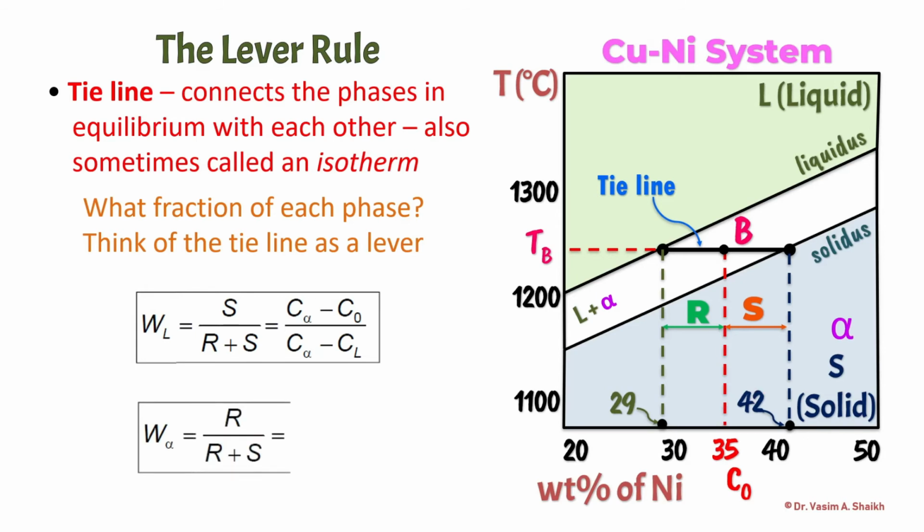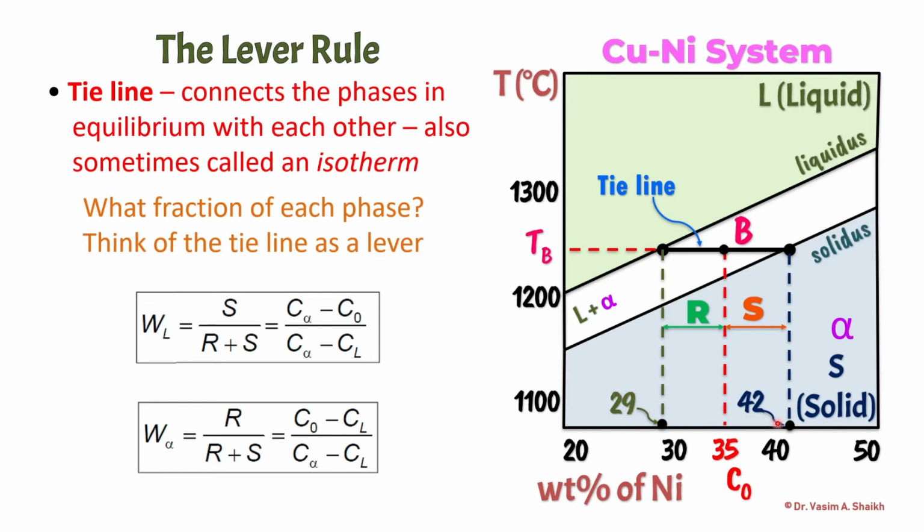But before that, again, the weight fraction of alpha. For calculating the weight fraction of alpha, it is the opposite. So we take R in the numerator, and R plus S will be the same in the denominator. R is nothing but 35 minus 29, that is, the original composition minus C liquid, the composition of the liquid.